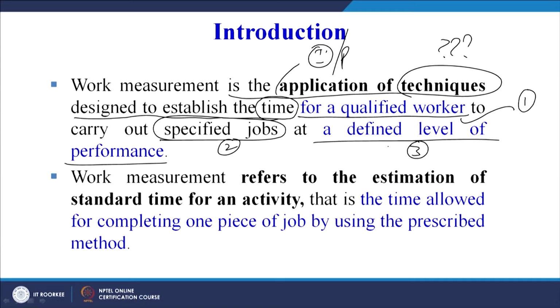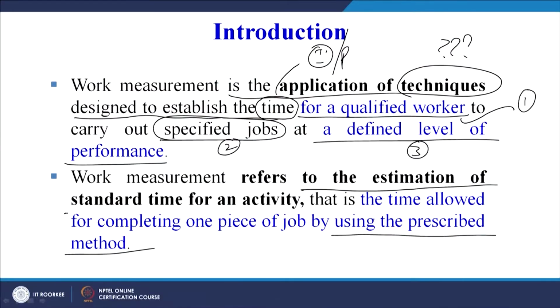Work measurement refers to the estimation of standard time for an activity, that is, the time allowed for completing one piece of a job by using the prescribed method. This is another form of representing work measurement.